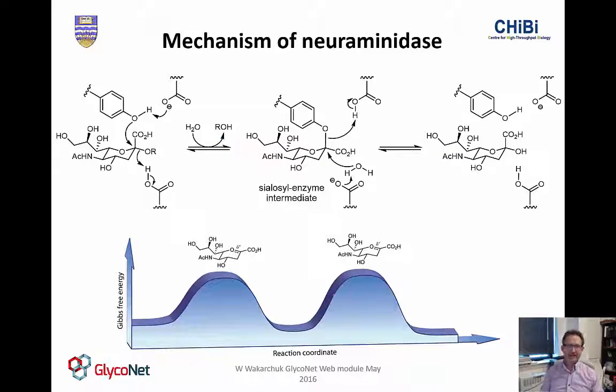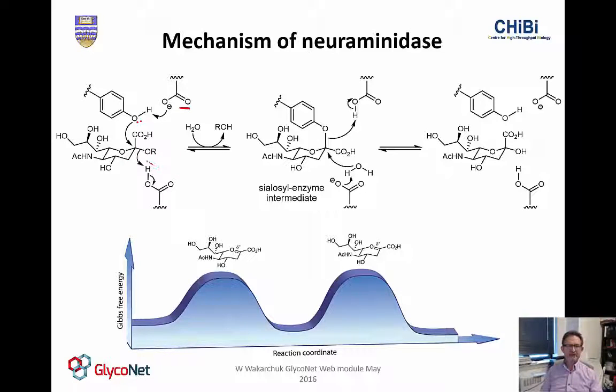Let's take a look at the mechanism of the neuraminidase enzyme. In this particular case, we're talking about a glycoside hydrolase from family 34, and this particular enzyme operates with retention of stereochemistry. The way that this mechanism works is that it is initiated by this base, which is a carboxylate, abstracting a proton from a tyrosine nucleophile, which can then attack the anomeric carbon of the sialic acid glycoconjugate.